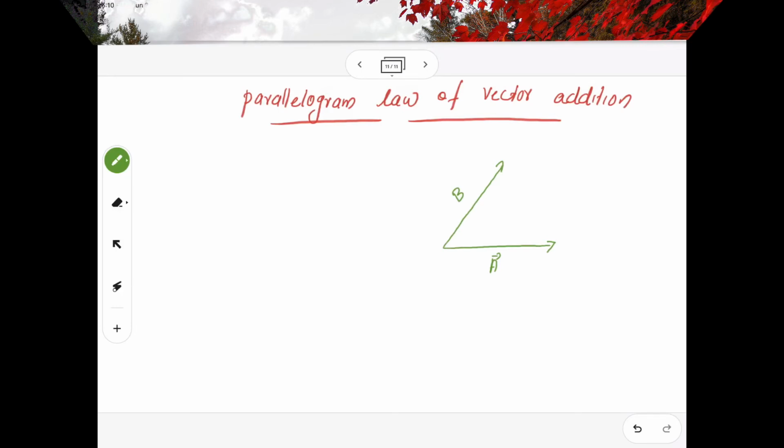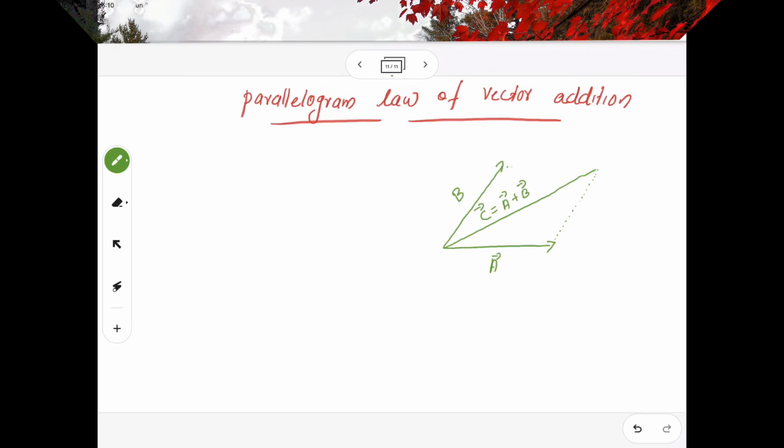Then I draw the diagonal. The diagonal will be the sum of vector A and B. I take vector C as the resultant of these two vectors. Then vector C is equal to vector A plus vector B. Now I can complete the parallelogram like this.